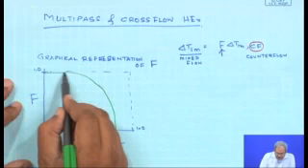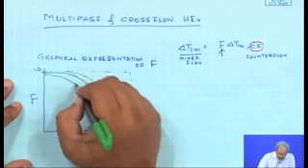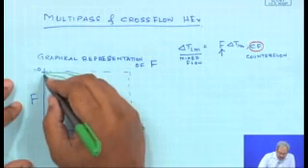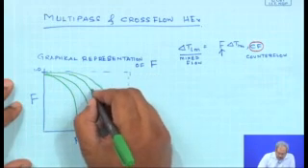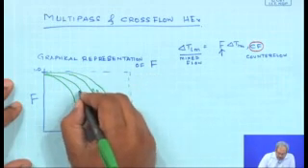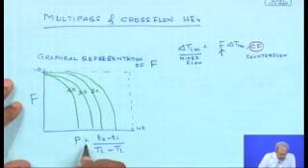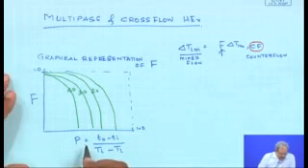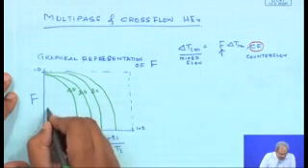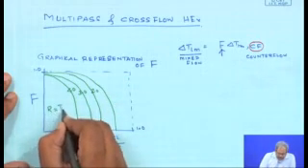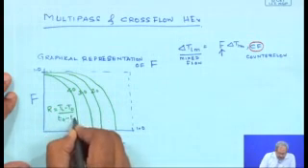There will be a family of curves, and the value of P is defined in this way, and the family of curves are for different values of R, which is Ti minus To by To minus Ti.